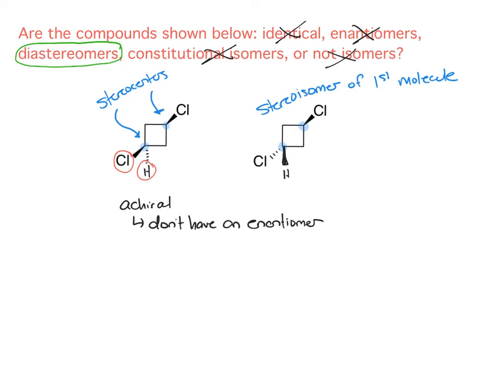They're non-superimposable, and we just said they're non-superimposable. They're also not mirror images. Again, even though the top chlorines, you might be able to make them mirror one another, the bottoms won't.